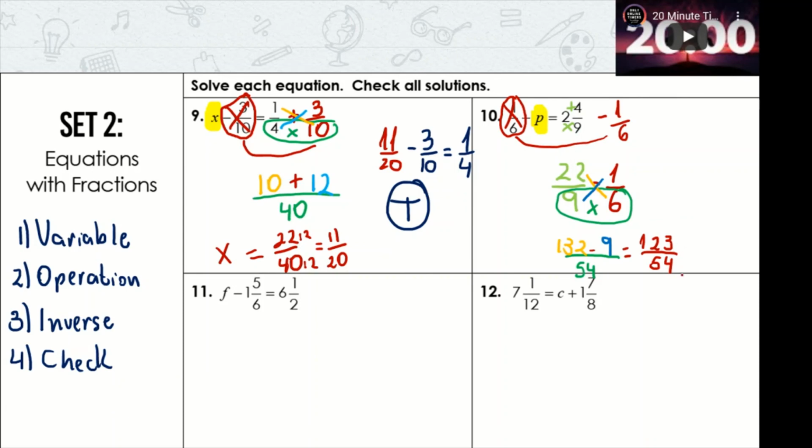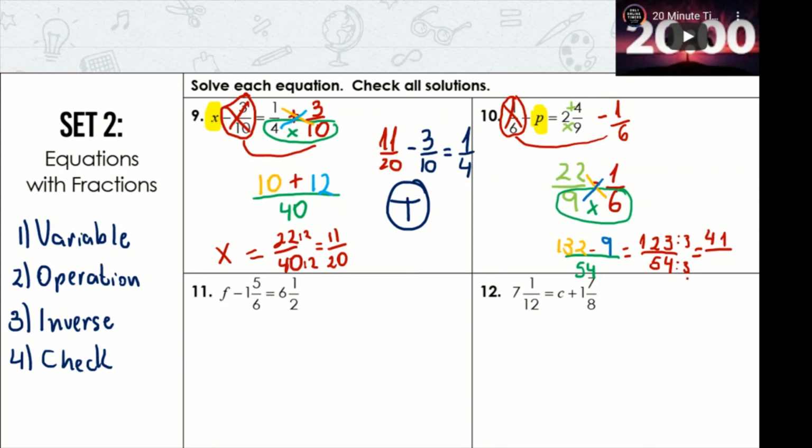By 3, and we get a simplified fraction. 123 divided by 3 is 41, my bad, 41. 41, guys, is the numerator.